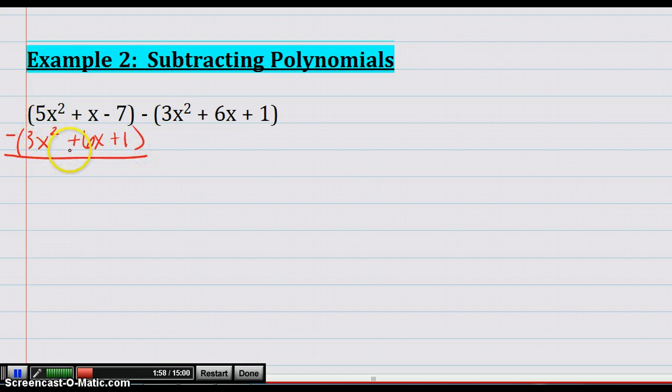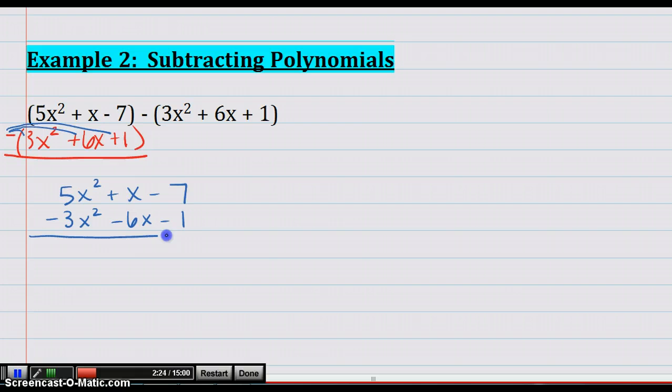Since we're subtracting this whole thing, it might be easier if you rewrite this with the negative distributed to each term. So distribute that negative through, and I'm just going to rewrite this whole thing, 5x squared plus x minus 7. And now on the bottom we have negative 3x squared minus 6x, because I'm distributing that negative, minus 1.